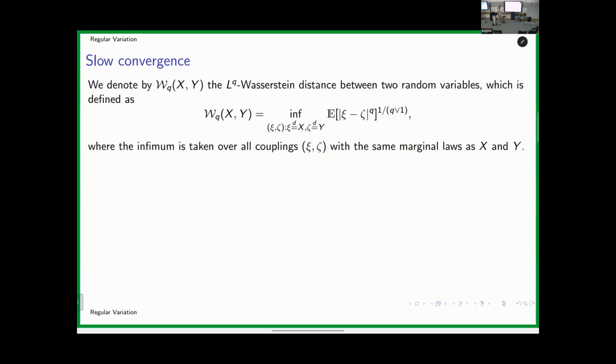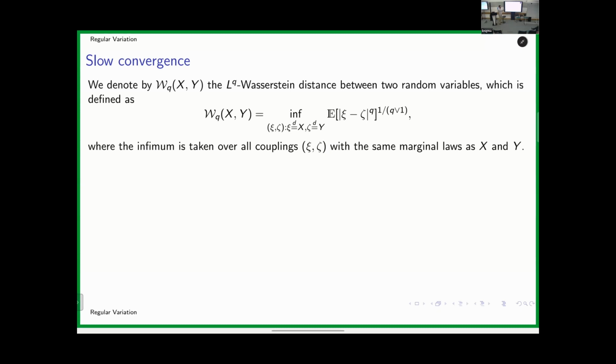Does there exist a dual simple metric for this one? The answer is sometimes.